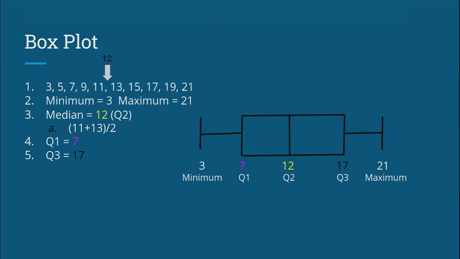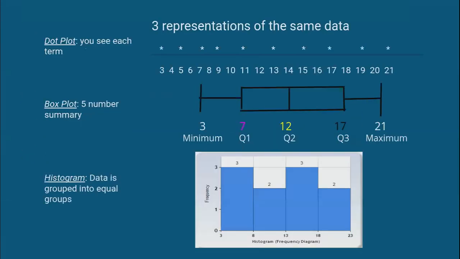Anybody still need the box plot? Okay. So now, we see here 3 representations of the same set of data. And each graph has its strength.